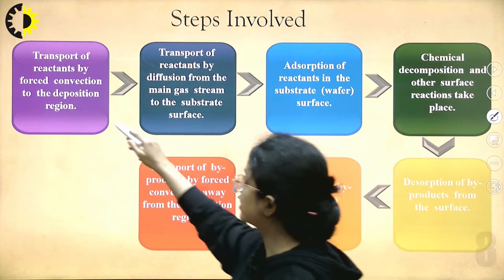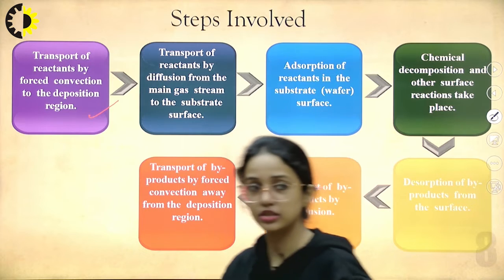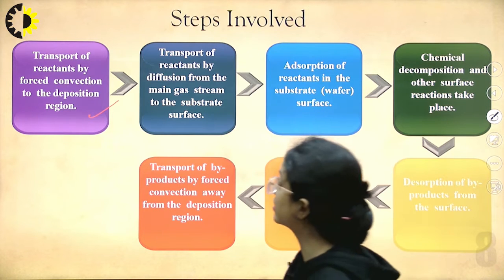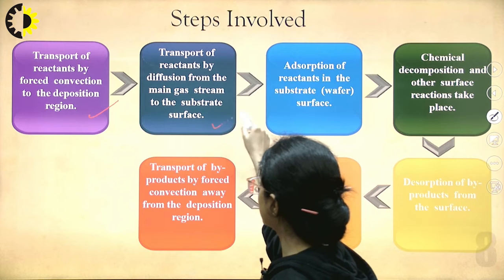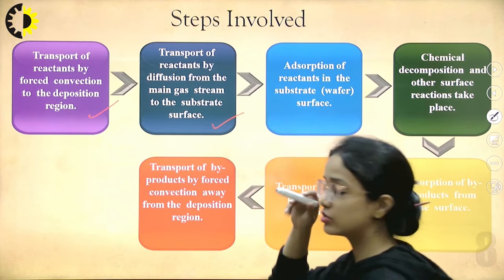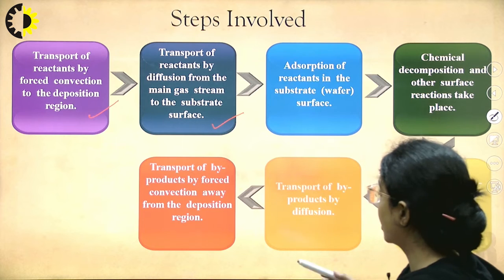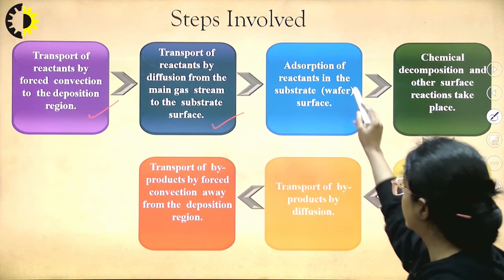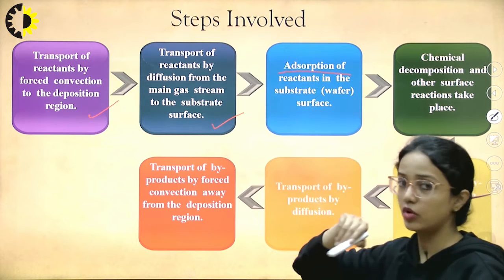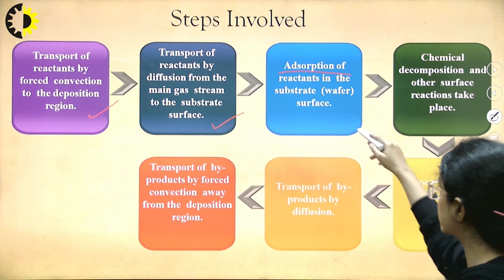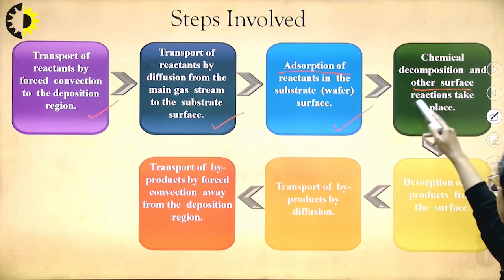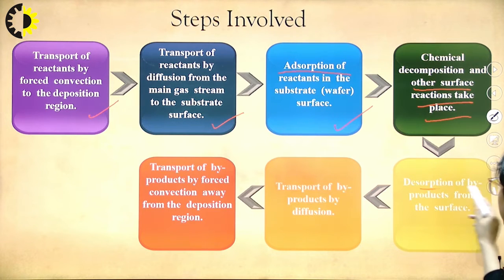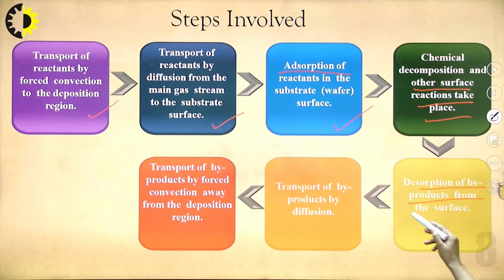Transport of reactants into the region. So all the gases are entering. Transport of reactants from the main gas stream to the substrate. Now they are entering the substrate area. After they enter the substrate area, adsorption. We want this molecule to get adsorbed on the surface. The chemical decomposition and other surface reactions take place. Desorption of byproducts from the surface.